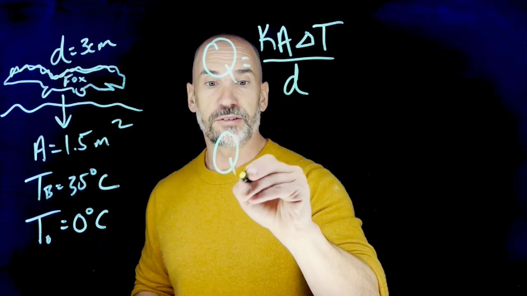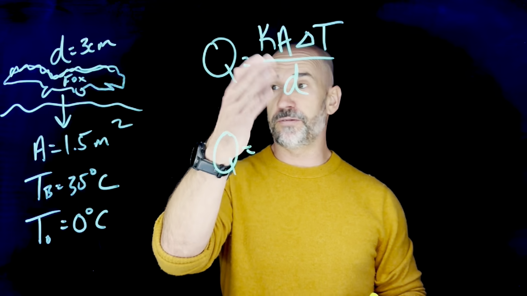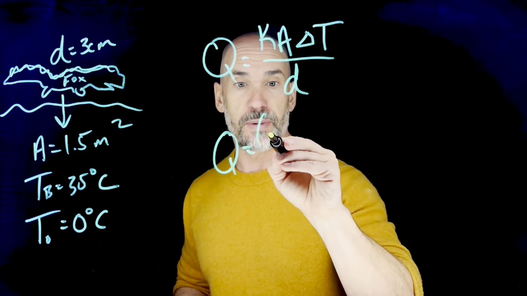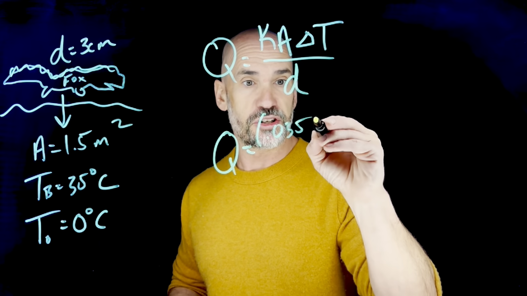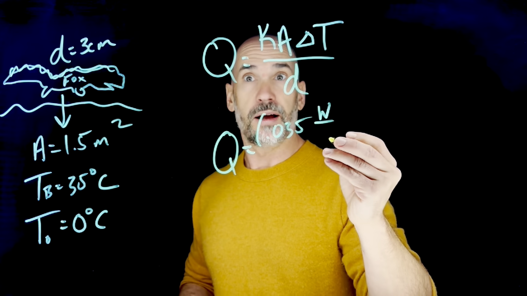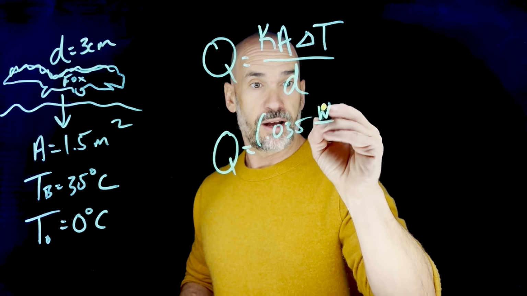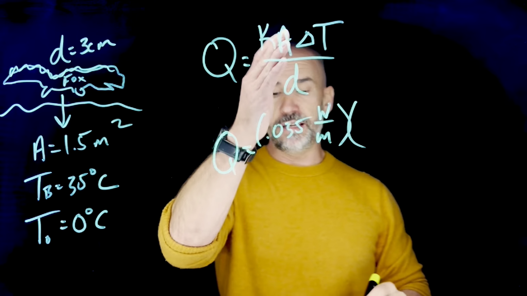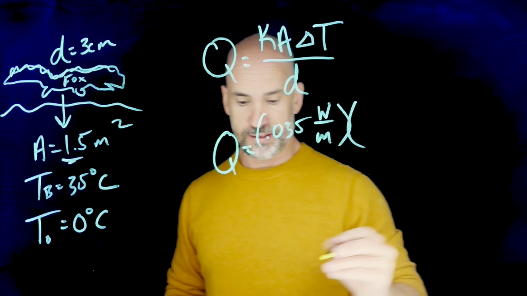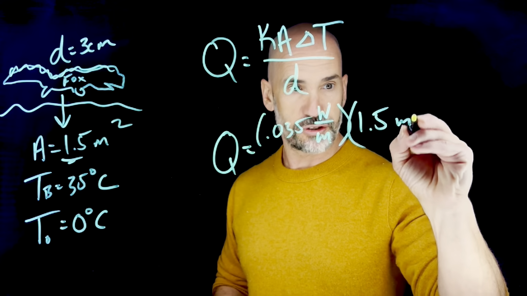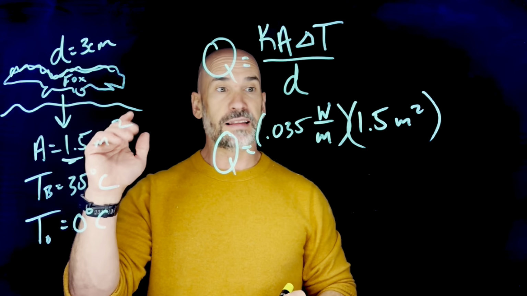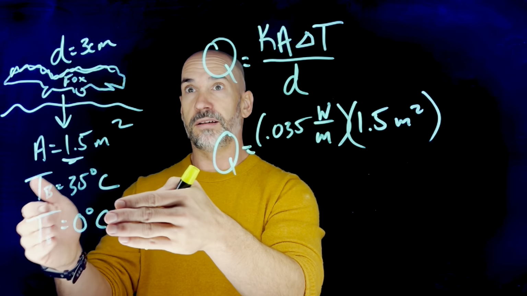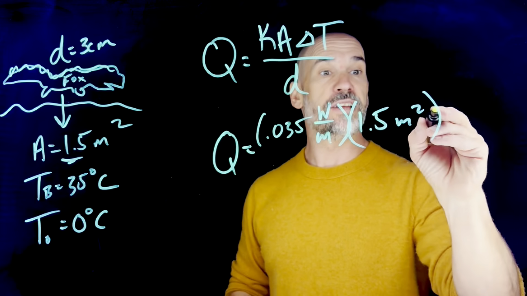Let's figure it out. It turns out that the heat constant K for fur in general is about 0.035. This obviously is different per animal, but it's 0.035 watts per meter kelvin. And the surface area, we already have it, is 1.5 meters squared. And lastly, the temperature difference is the difference between the body of the fox and the environment. 35 minus 0 is just 35 degrees.